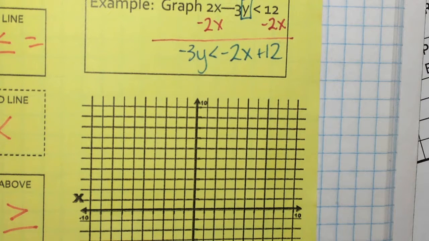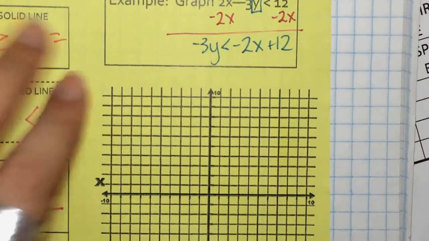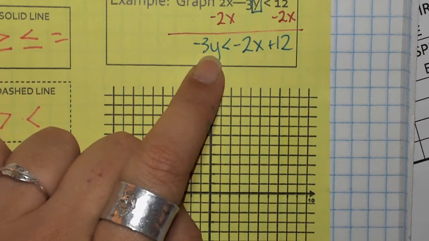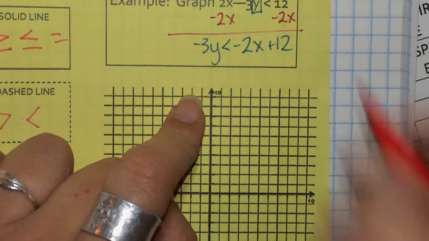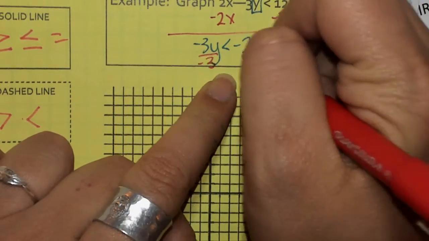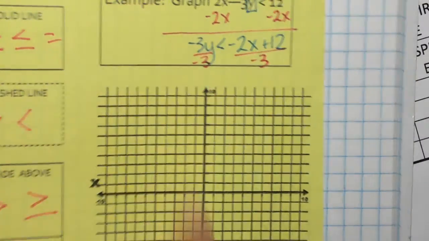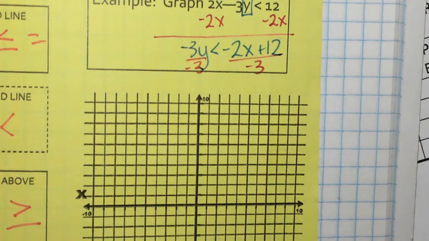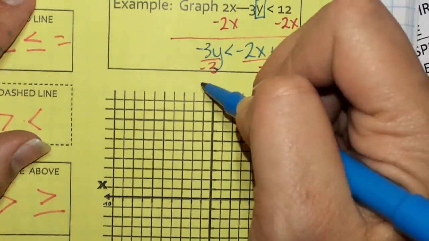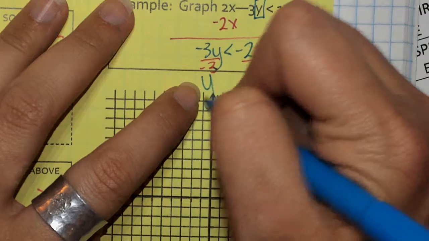How do we get rid of the negative 3? Yes, we divide by what? So if we divide by a negative, what do we have to do to our inequality sign? Flip it. Take a point, Adam.